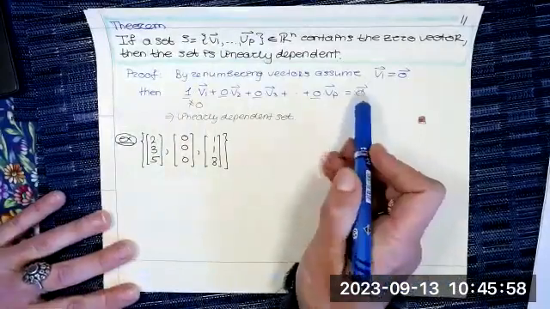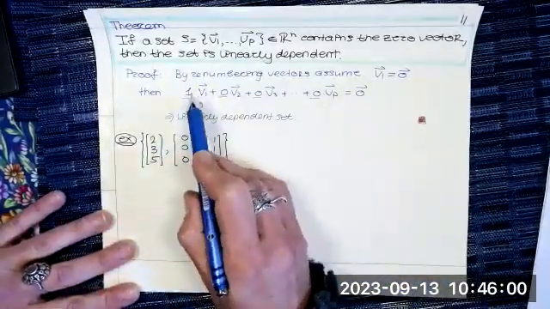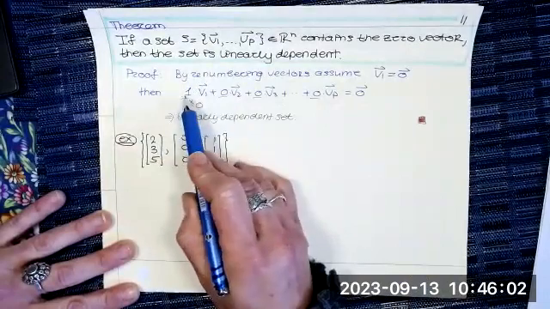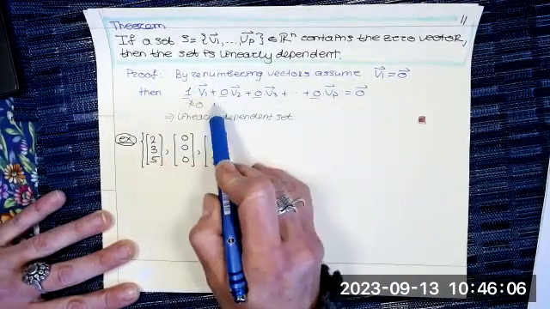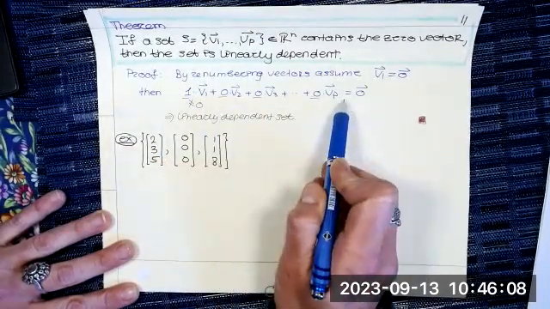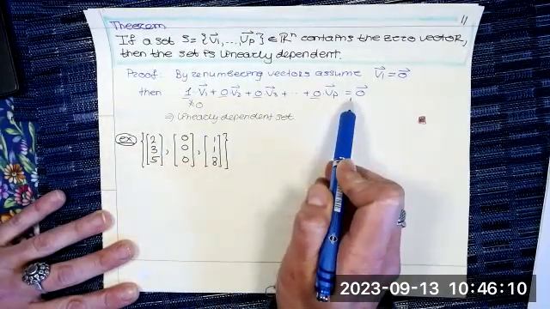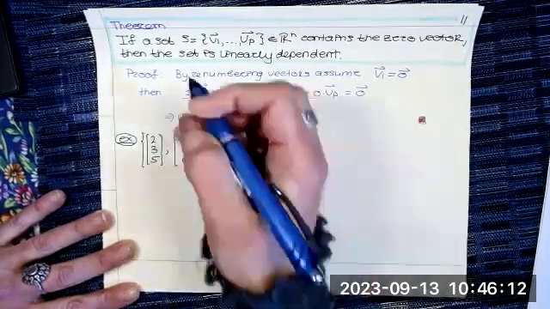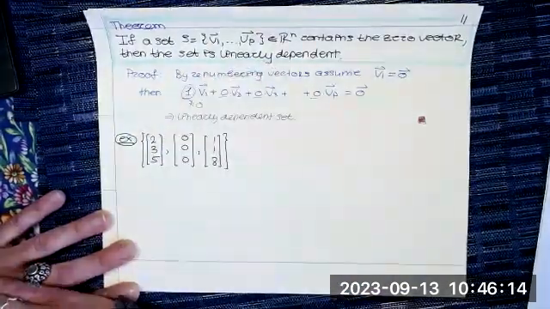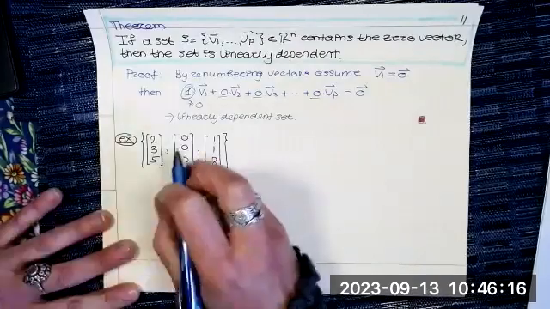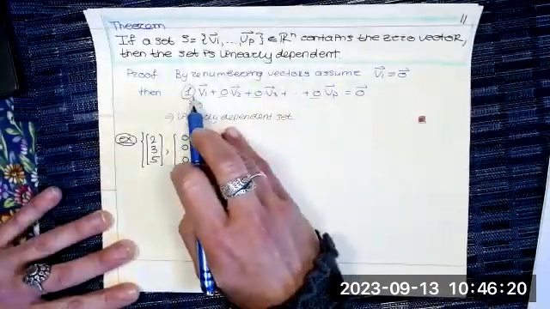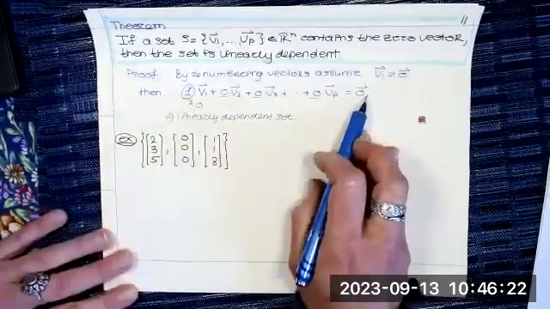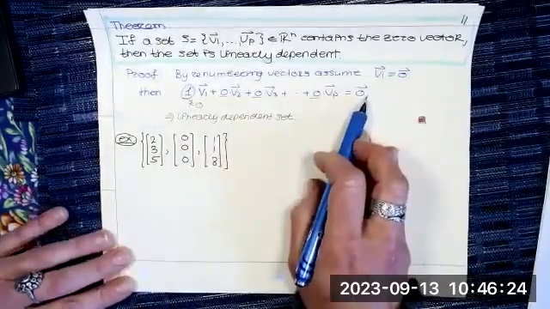If I write down the linear combination, since V1 is zero, I can multiply it by a non-zero number in order to get zero. All of the other coefficients could be zero, but by the definition of linear dependence, I only need one of the coefficients to be non-zero. And because the coefficient of V1, the zero vector, is non-zero, I have a linearly dependent set.